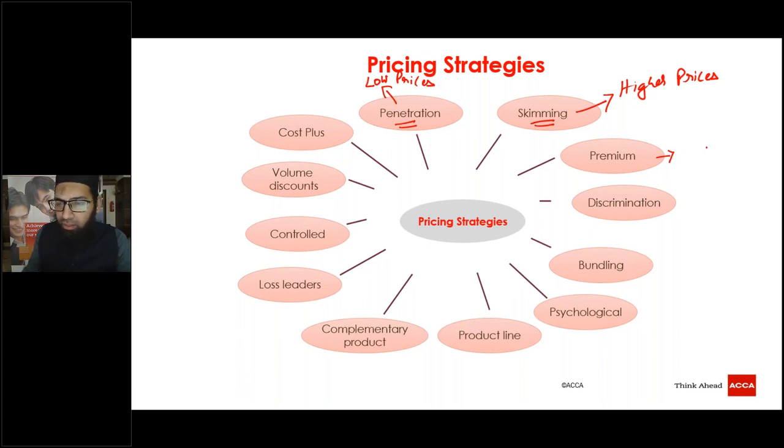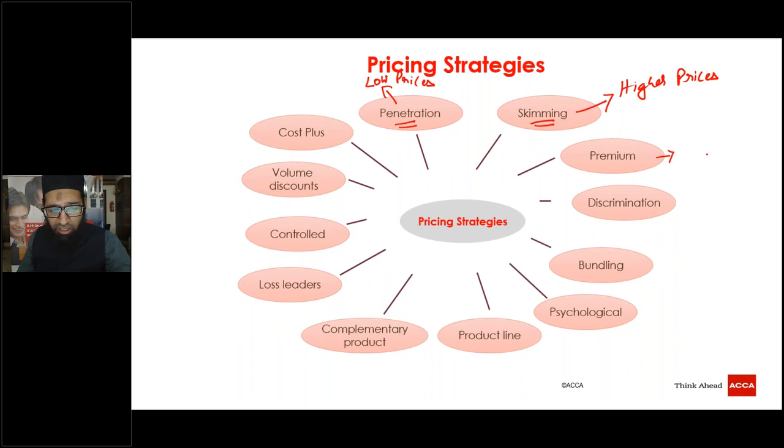For example, I'm selling my mobile at a slightly higher price than my competitor, but I'm justifying it with a warranty period of, say, 2 years, so I'm offering an additional 1 year warranty for that.